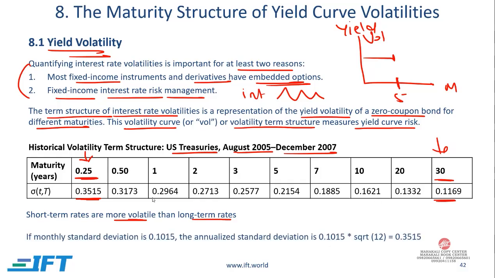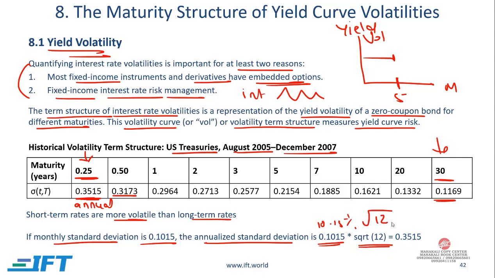Another important point has to do with converting volatility from a monthly number to an annual number and vice versa. The volatility numbers shown here are annualized. What if we want a monthly volatility number? If we have a monthly standard deviation or a monthly volatility, this can be annualized by taking this number, 10.15%, and multiplying by the square root of 12 because we have 12 months in a year.